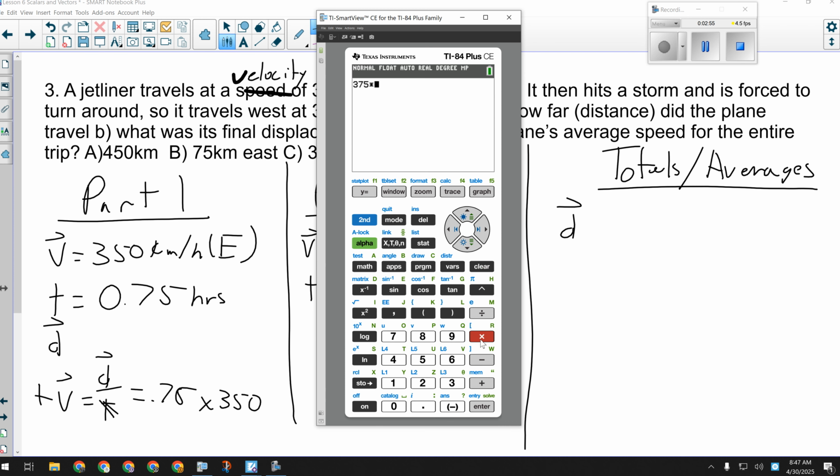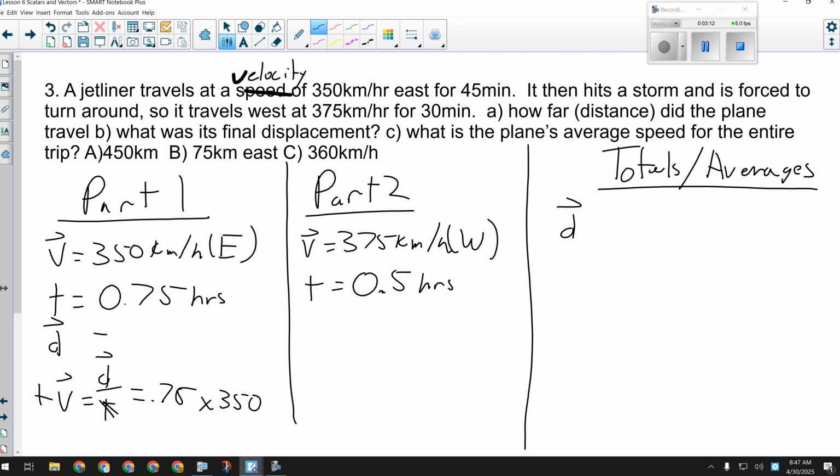Okay, so 350, not 375, that's the next one. 350 times 0.75. All right, so that plane, since it's flying, it would go 350 kilometers if it went for an hour. It only goes for 3/4 of an hour, so it only goes 262.5 kilometers. Okay, so I write that down. I've got the D now for the first part.